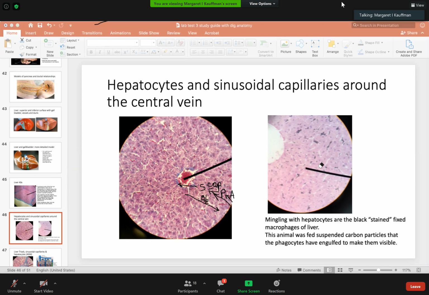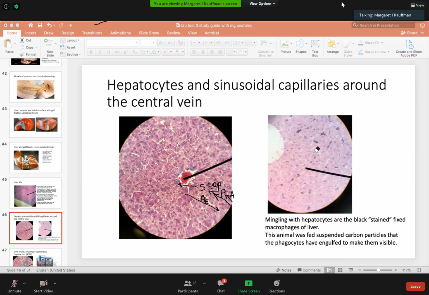This slide, I don't ask any structures. It's a different version. There's no blood. That's the central vein there. But what happened is they fed this animal some probably India ink, which is basically carbon particles suspended in water. And it got taken up, the little carbon particles.